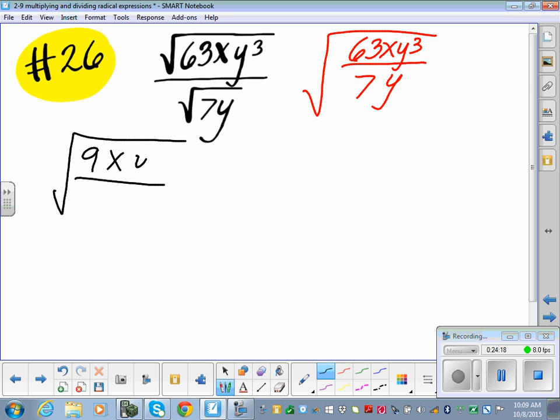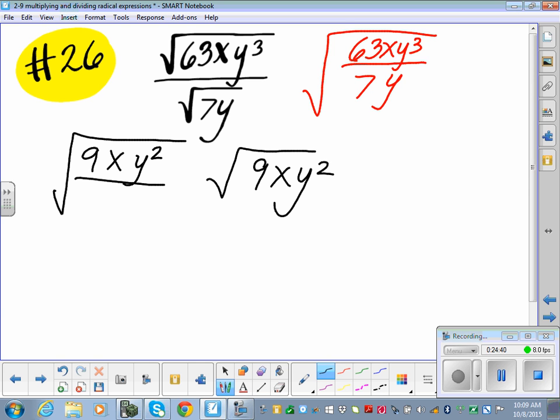Y squared on top. 3 minus 1 is 2, so we have y squared. So our bottom's gone. So now all we have is the square root of 9x y squared. The bottom's gone. So that's kind of nice. Do you see how much easier that was than rationalizing the denominator from the beginning and then going through it? It didn't need to be because there's no denominator anymore.